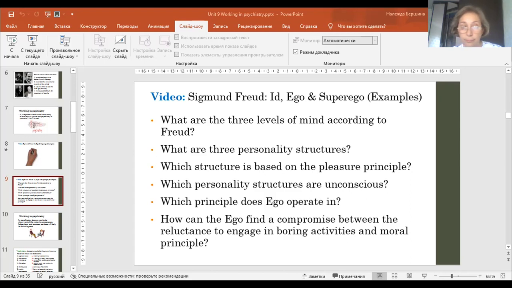Because ego shows us the reality and the logical solution for your situation, so it will find a compromise. Actually, ego analyzes both what our nature, our id wants, and what the superego, the moral rule, says we need to follow. And analyzing this, it makes the decision to do or not to do something, right?